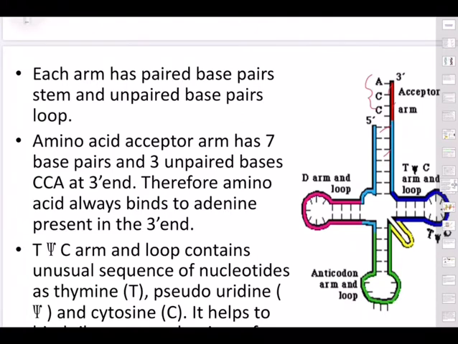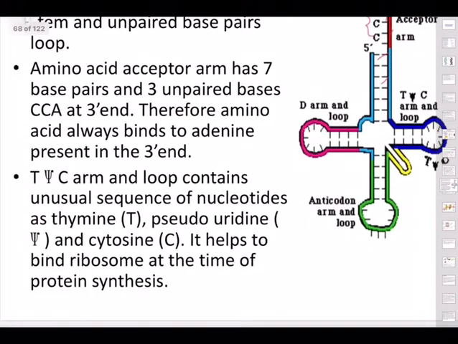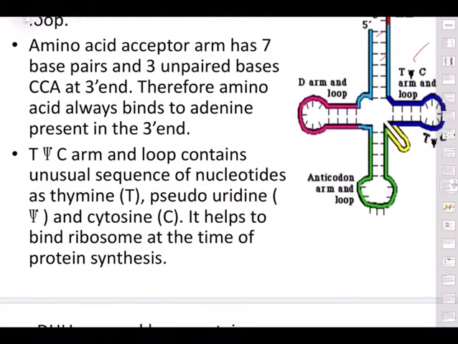Therefore, the amino acid always binds to the adenine present at the 3 prime end. The T arm, or TΨC arm and loop, contains an unusual sequence of nucleotides: thymine, pseudouridine, and then cytosine. The symbol Ψ is for pseudouridine. It helps to bind the ribosome at the time of protein synthesis. That is the function of this T arm.